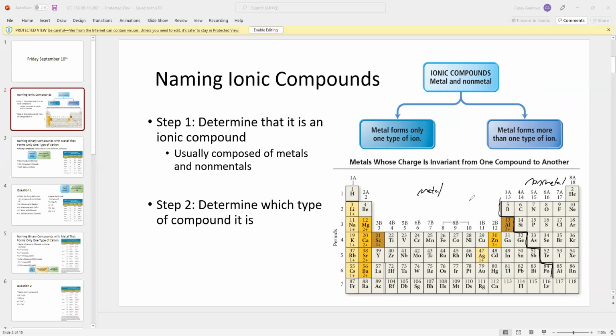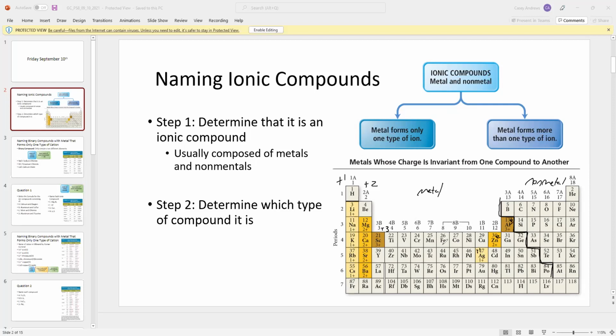All right. Now, metals in group 1 always have a +1 charge. Group 2 has a +2. Sc has a +3. Aluminum, zinc, silver: +3, +2, +1. No matter what, the metals that are highlighted here always have that charge.